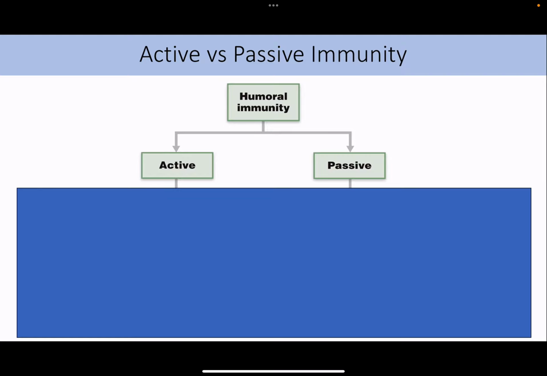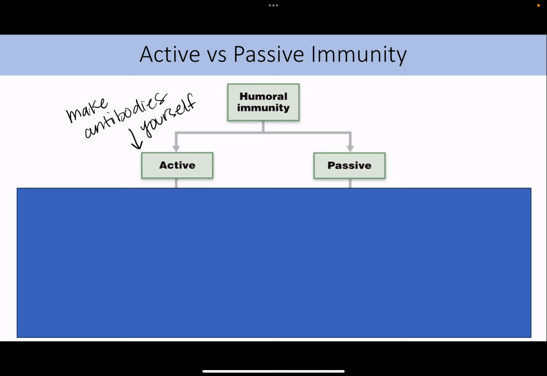So next is active versus passive immunity. We're talking about vaccines and such here, but this is all done through humoral immunity. This is all antibody related. So active versus passive. Active is when you make antibodies yourself.